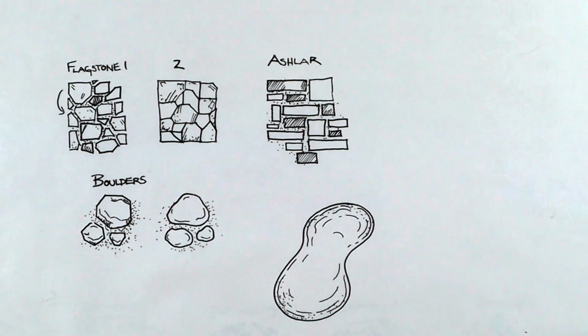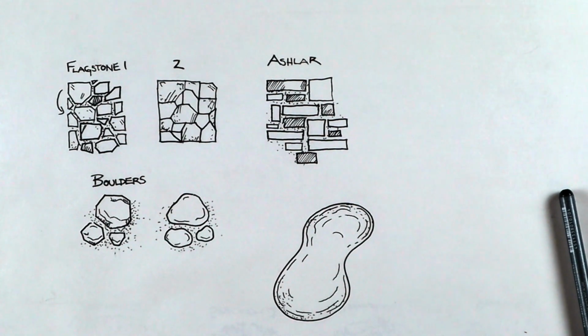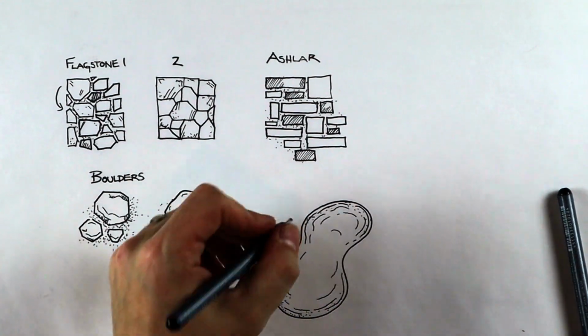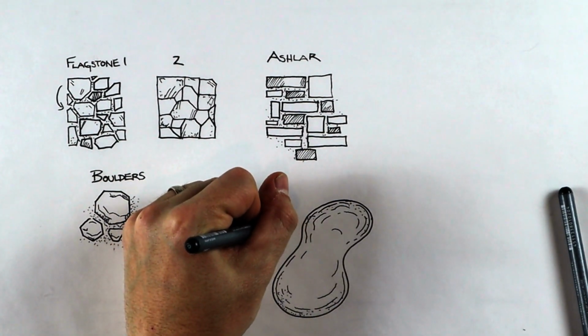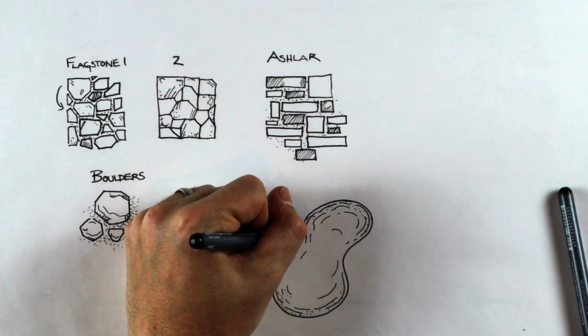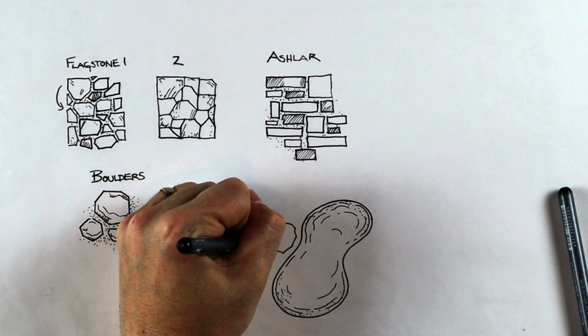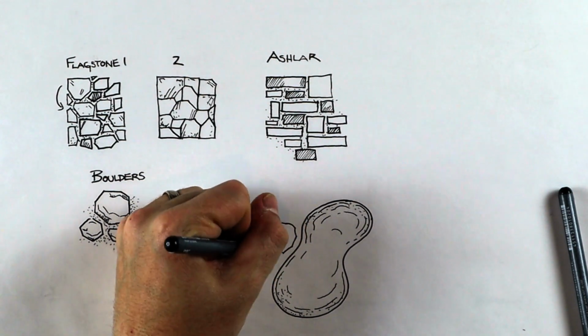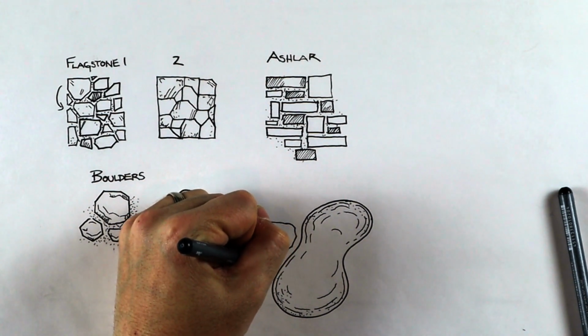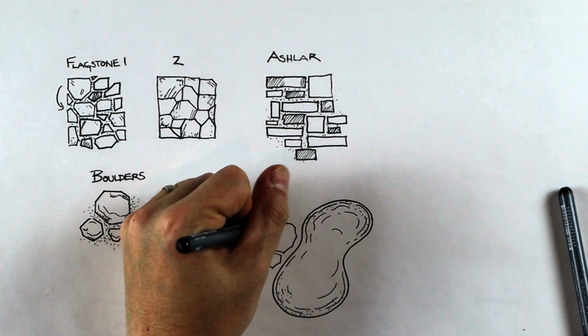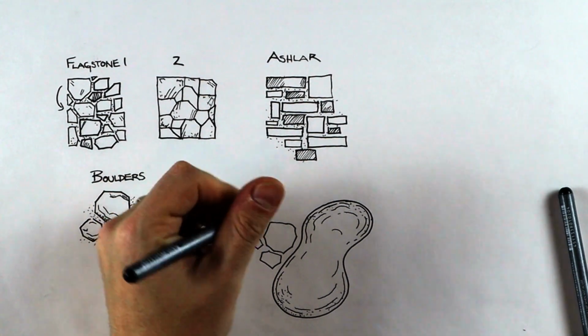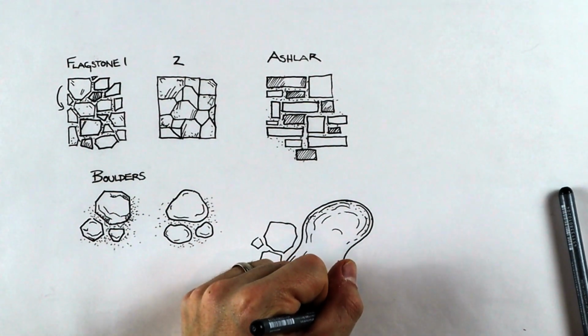And you could come back and add areas of plant material or even stones. So perhaps I have a stone here, a large boulder. Maybe I have another one over here.